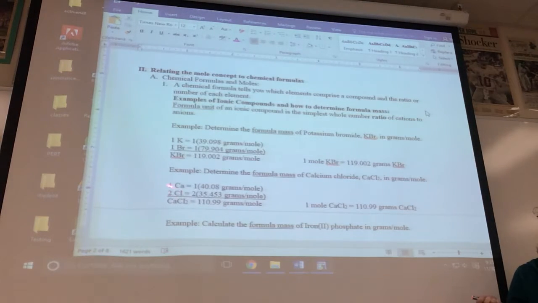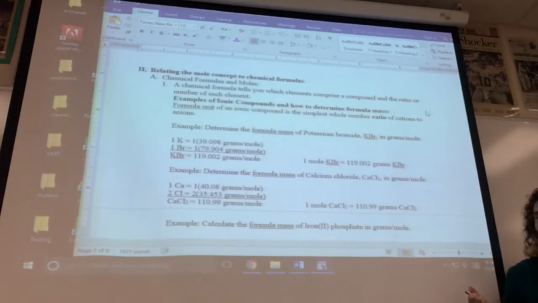So 1 calcium, 2 chloride ions, 1 times the molar mass of calcium from the periodic table, plus 2 times the molar mass of chlorine from the periodic table, 1 times 40.08 plus 2 times 35.453 is 110.99 grams per mole. I can write an equivalency. 1 mole of the substance is equal to the mass in grams of the substance.